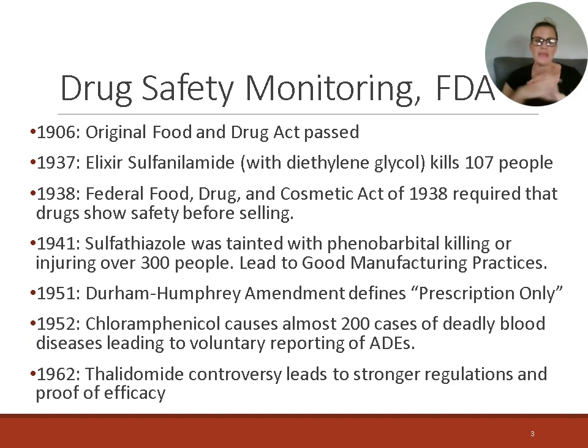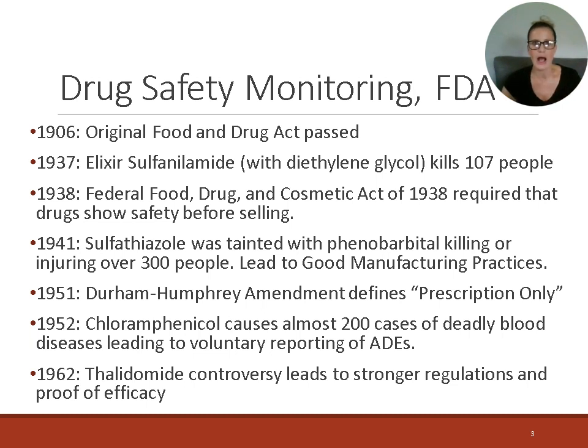So in 1906, the original Food and Drug Act was passed. That is what would eventually become the FDA. This act, though, all it did was prohibit the sale of food and drugs that had been mislabeled or that had their ingredients fraudulently labeled.